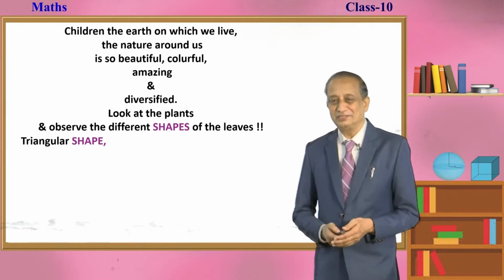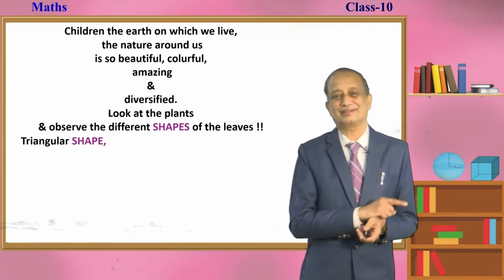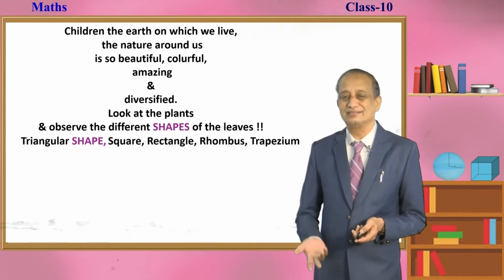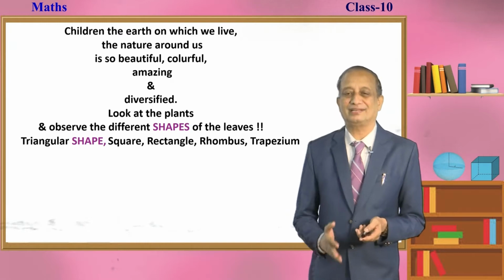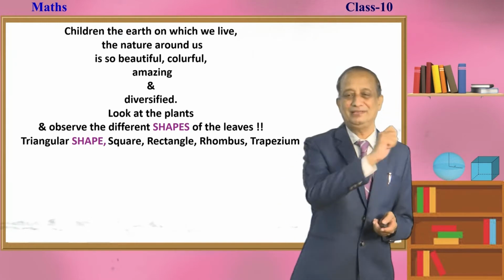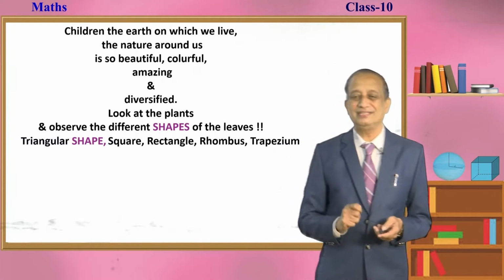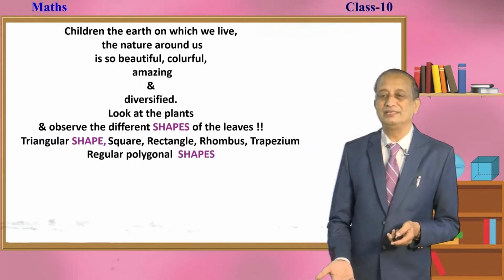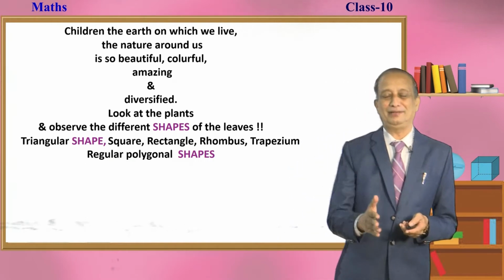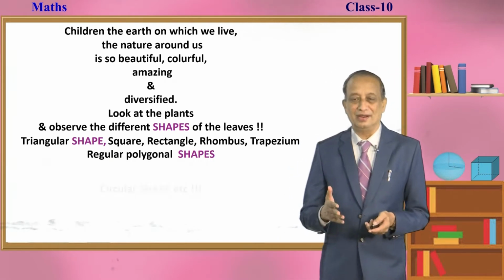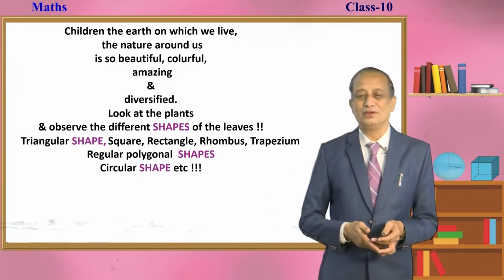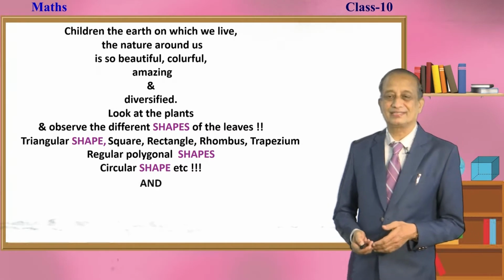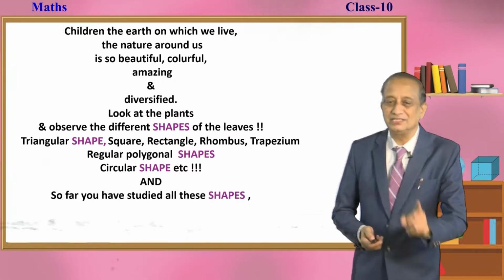So, in triangular shapes, we have got isosceles triangle, equilateral triangle, and in quadrilaterals, we will have square, rectangle, rhombus, trapezium shapes also you can see in the leaves of the plants, and even in some regular polygons also, like regular pentagon, regular hexagon, and even you have seen just now a beautiful circular shape also.